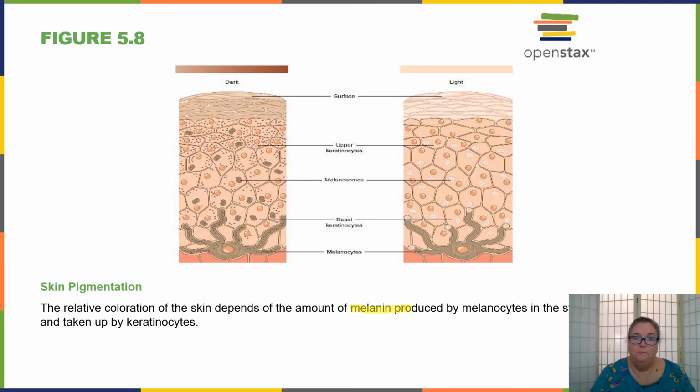Now, a person may have dark skin and be somewhat protected from skin cancer, but still vulnerable under the nails, the fingernails, and the toenails when exposed to the skin. Other factors affecting skin color are carotenoids that are produced in our skin that kind of give a pinkish or orangish look, and the blood vessels underneath, right, can give a bluish or reddish tone.